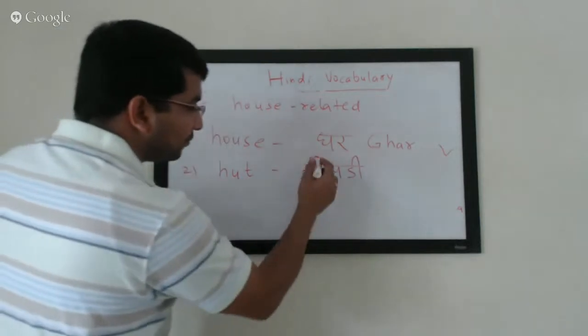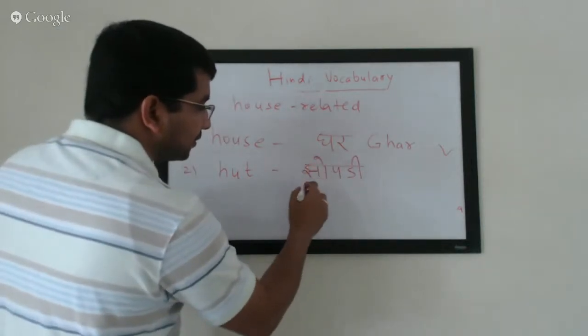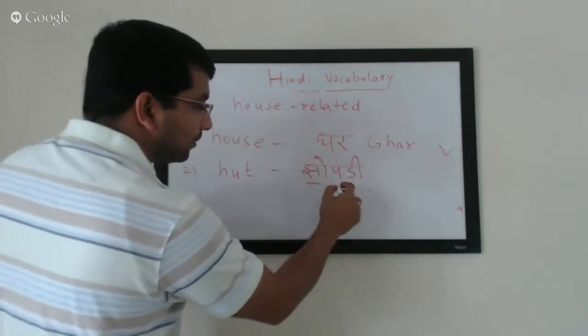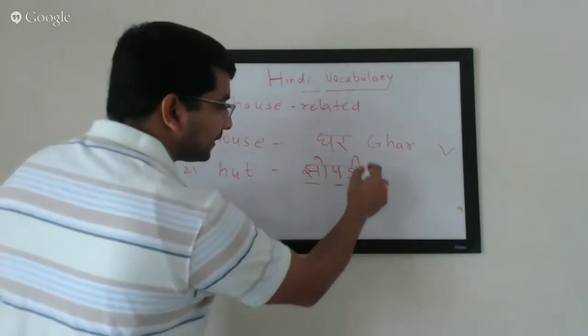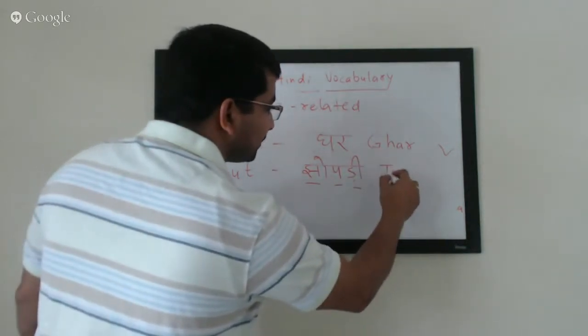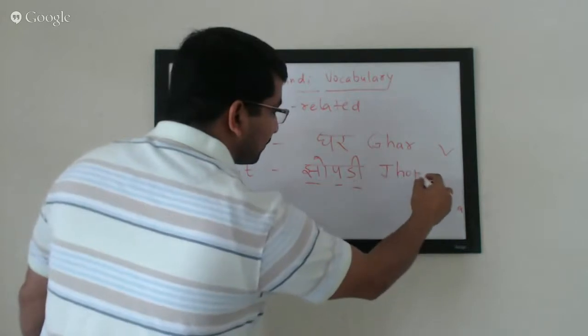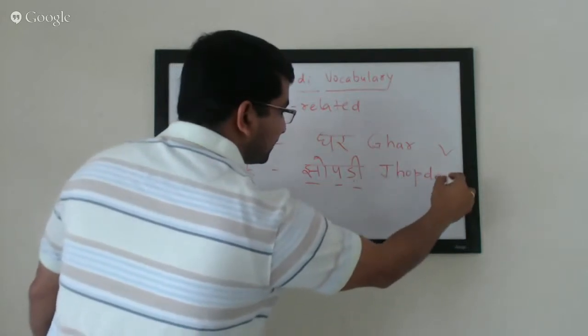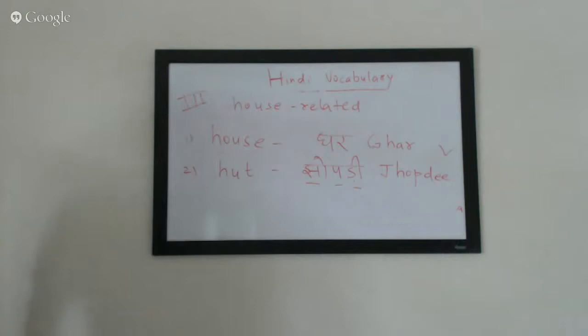Don't worry about it if you don't know the Devanagari script. It's J with O, A, D, and then E, jhopdi. Jhopdi is a small hut.